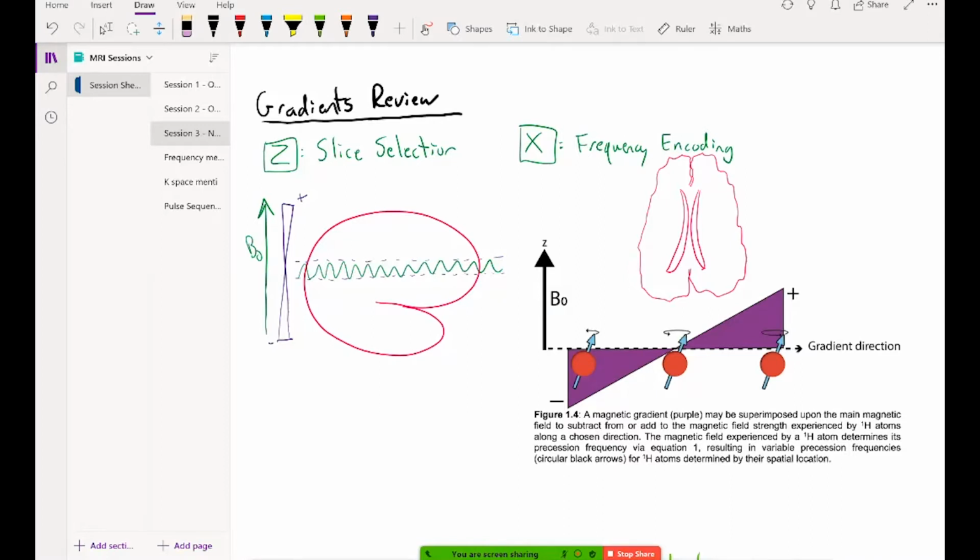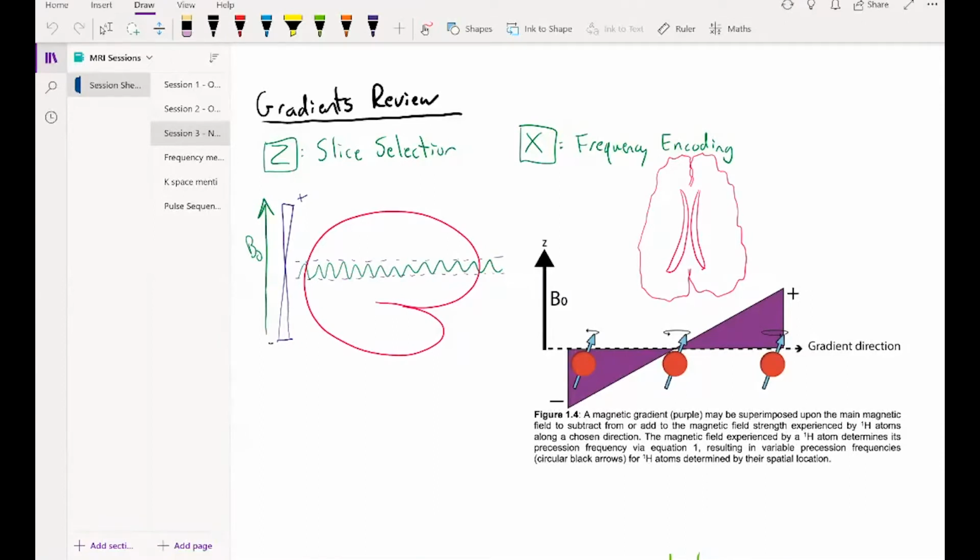Okay, so back to the Larmor frequency and how we're modifying the precession frequency of our hydrogen atoms. If we can overlay a gradient field, which is a very weak magnetic field that's superimposed on top of the B0 field, weak relative to B0, usually 1% of the magnitude or less, we can modify the precession frequency.